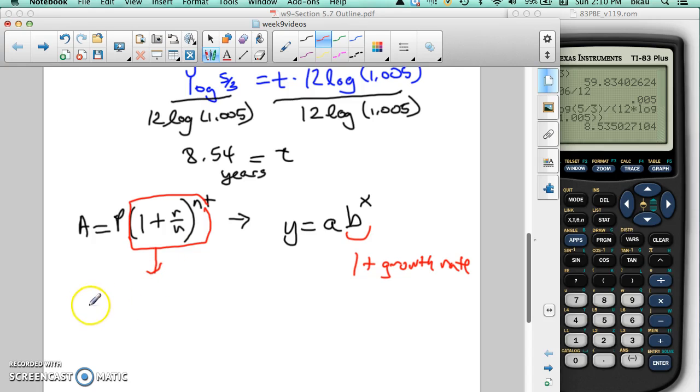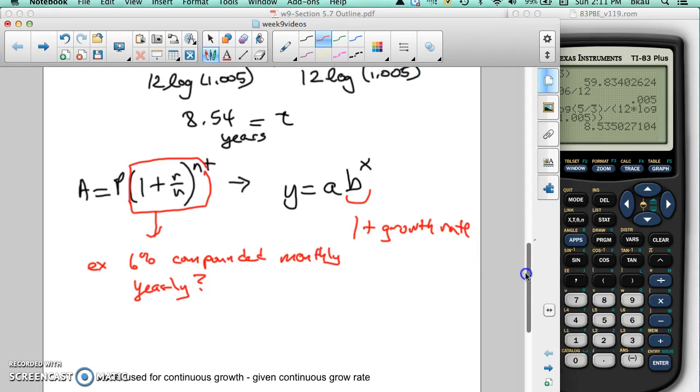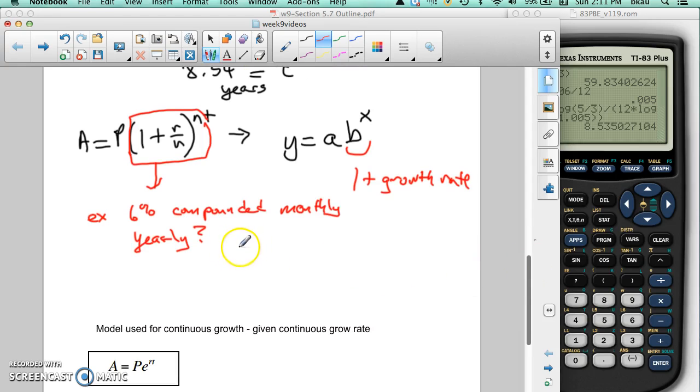So if, for example, I want to figure out what a 6% interest rate compounded monthly would be as a yearly interest rate, I would just use this part of the formula and do 1 plus 0.06 over 12, to the 12th power.